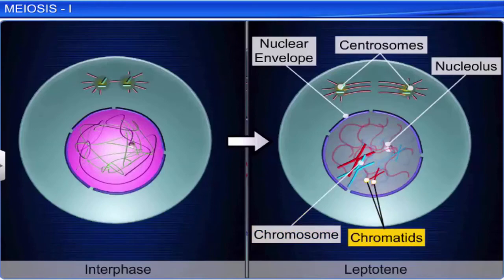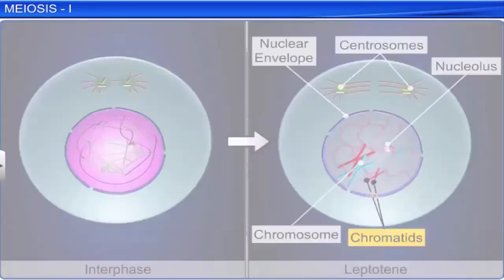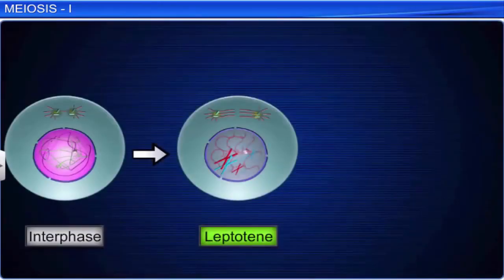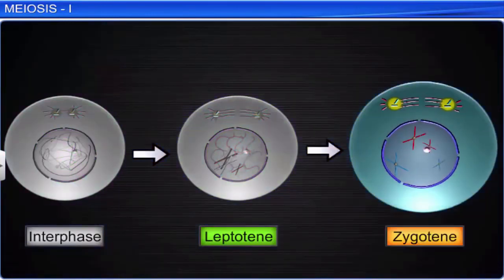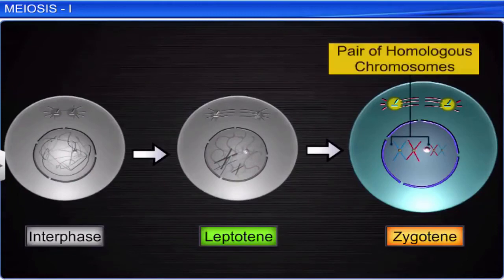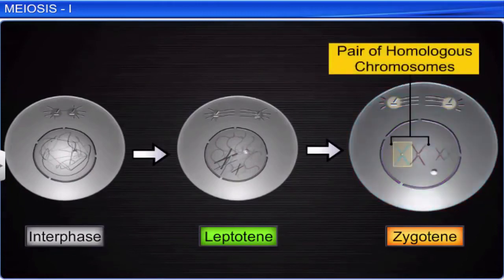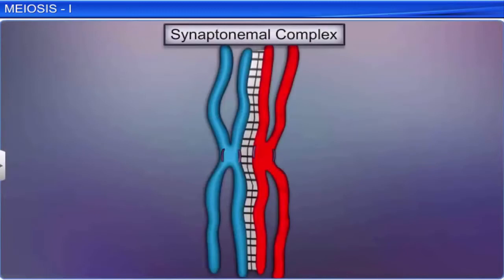In the next stage, that is, the zygotene stage, homologous chromosomes, one from the paternal set and one from the maternal set, get attracted to each other and form pairs. This pairing is called synapsis. During this process, a complex structure known as a synaptonemal complex is formed.